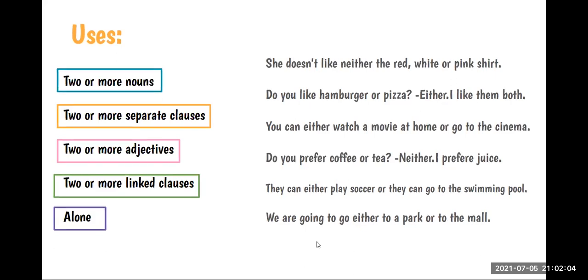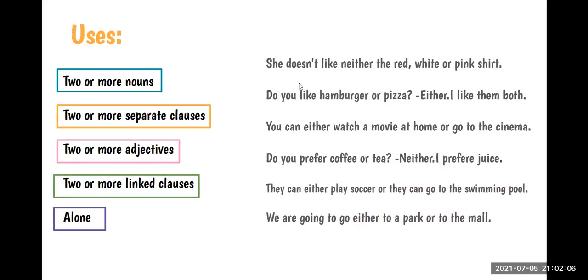What about the first sentence? It says, she doesn't like neither the red, white, or pink shirt. What do you think? Which of the functions are we using? Two or more adjectives. Very good. The colors here are adjectives that describe the shirts, right?